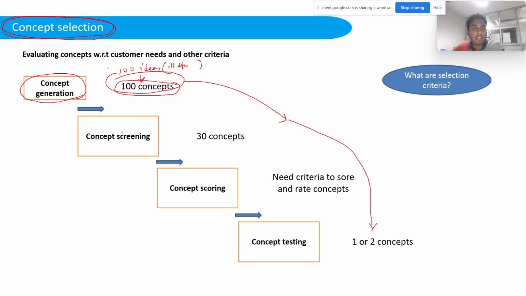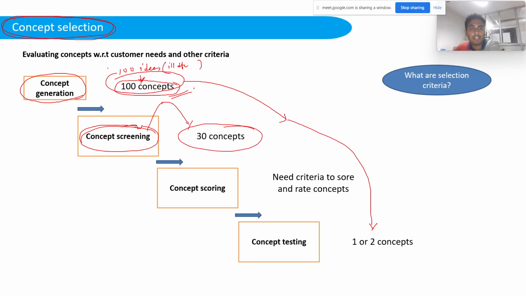And then you try to screen those concepts based on your requirements. You need some sort of feasible criteria which you can use for screening, or you can also screen based on reliability, feasibility, or you can reject a set of concepts at the initial screening phase. So after concept screening, you end up having some 30 concepts.